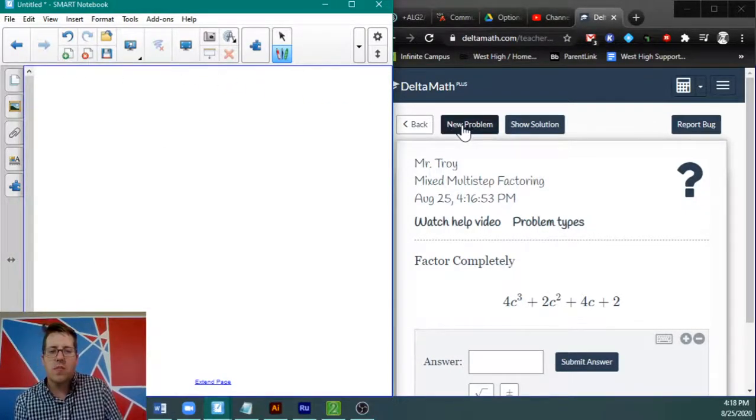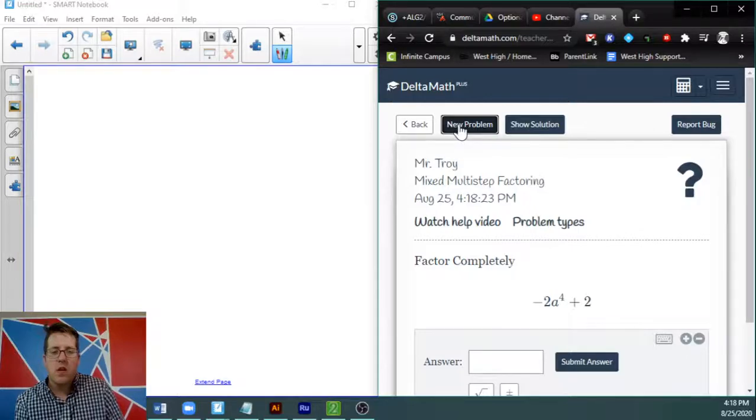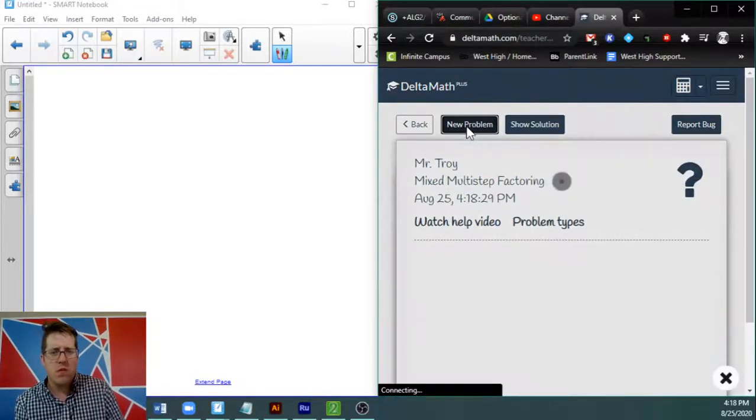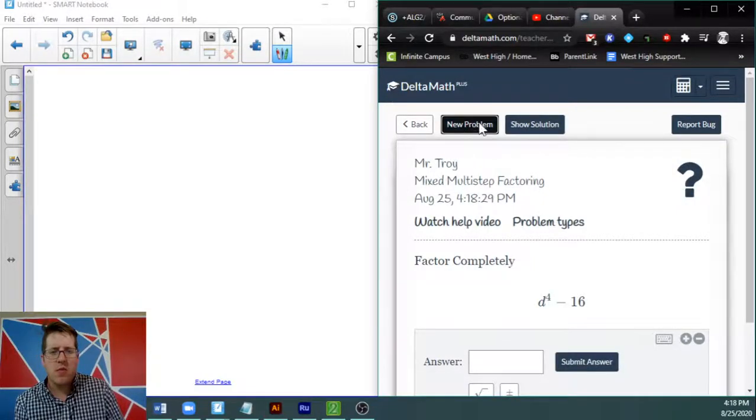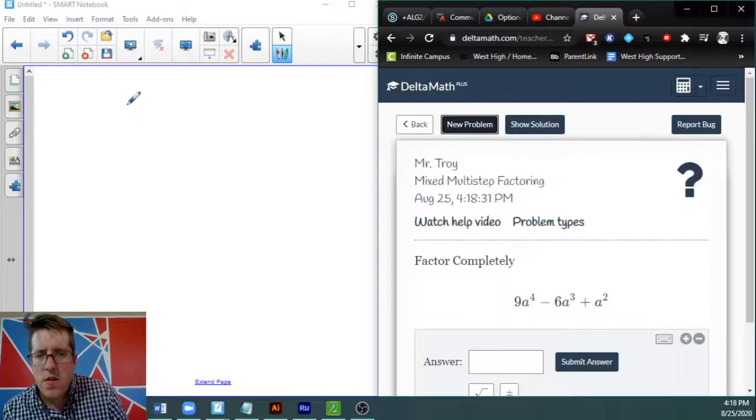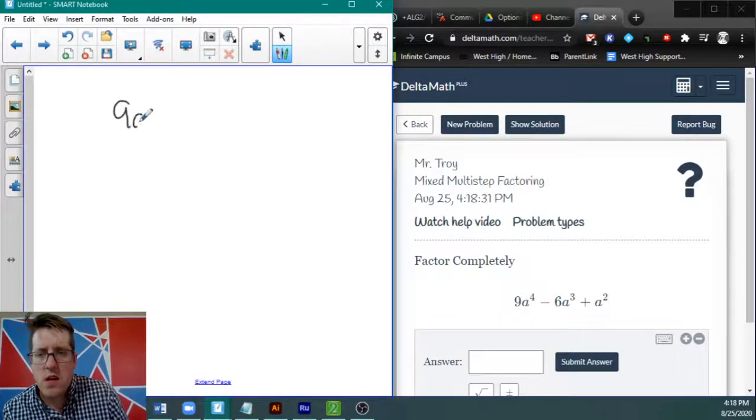All right, next problem. That's the exact same kind of problem as the first one. Okay. So 9a to the fourth minus 6a cubed plus a squared.